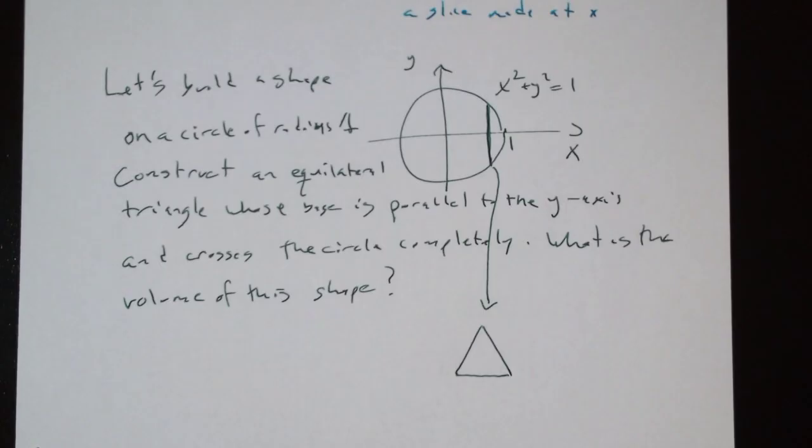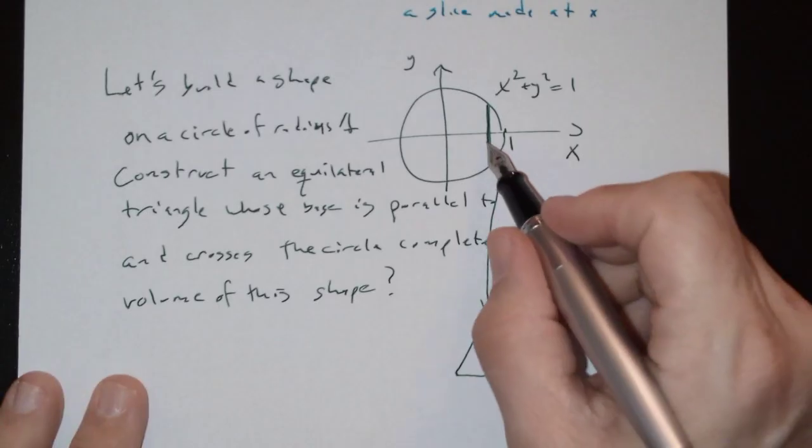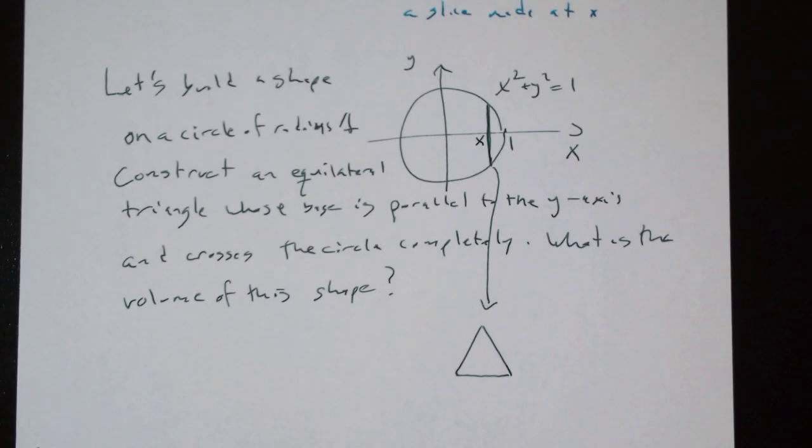First, what's the formula for the area of a triangle? Second, how can I figure out the measurements needed to find that area in terms of this x value? So let's start with the beginning part. The formula for the area of a triangle.